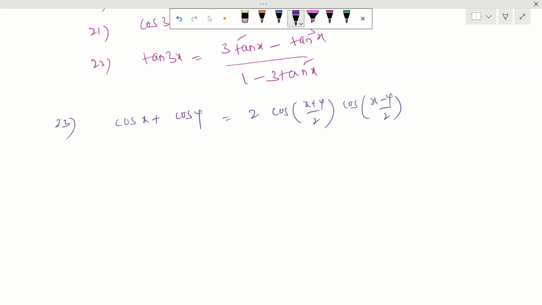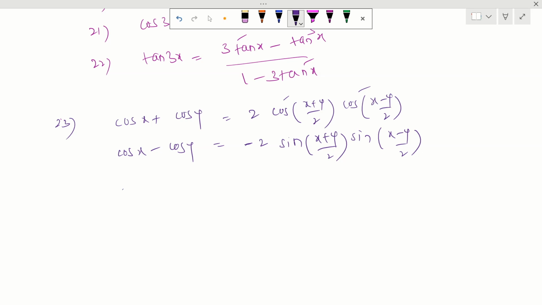When it is cos x minus cos y, both terms will be sine, but here we have minus 2, and both terms will be sine of (x plus y) by 2 and sine of (x minus y) by 2. Note down all these formulas.